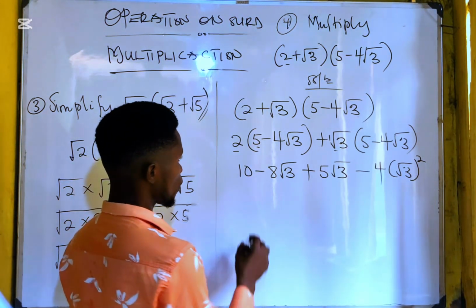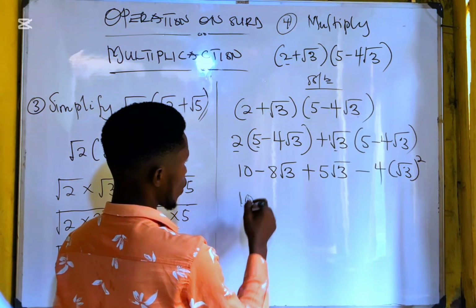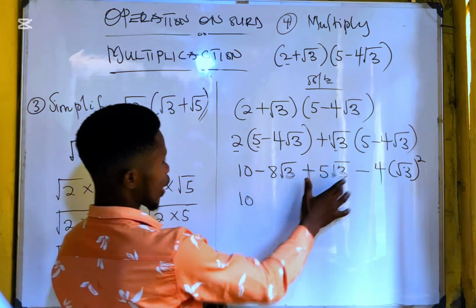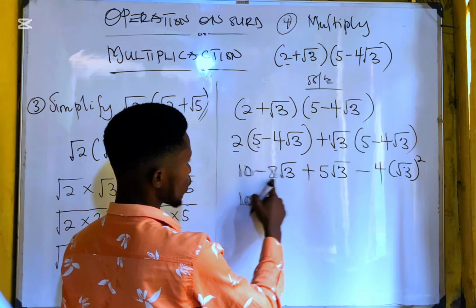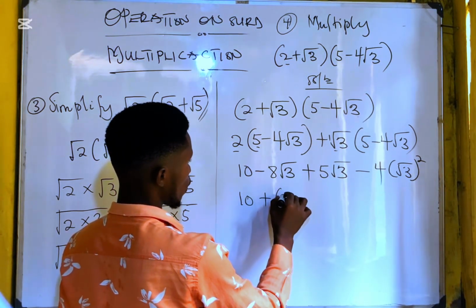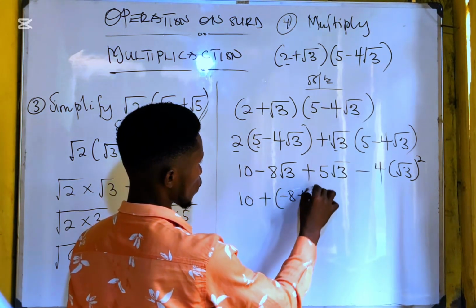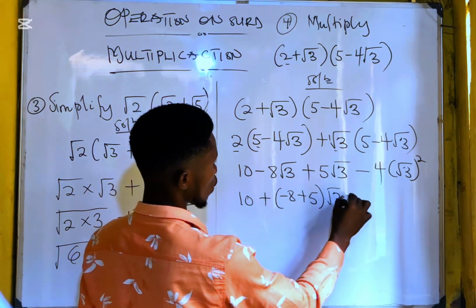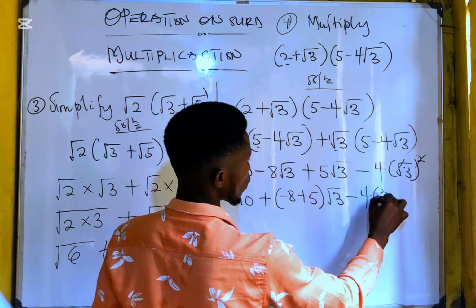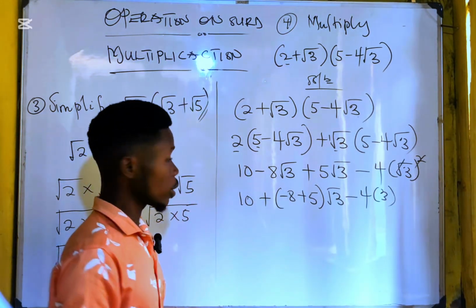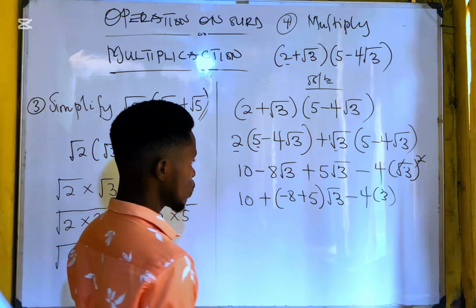So in this case, we are going to have 10. Now this and that are like surds, so I can put them together. By adding negative 8 to 5, that will give me, or let me write it, 10 minus 8 root 3 plus 5 root 3 minus 4 root 3 squared. This cancelling this, we have 3. Is that okay? Now here, negative 8 plus 5 will give you negative 3.